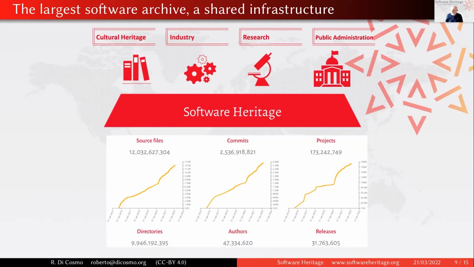I mean, if you look at the website, we can have a look later on. We have already indexed over 175 million projects, and this is over 12 billion unique source code files. So the important point here is that software heritage is not just an archive for research software, it is an archive for all of software.